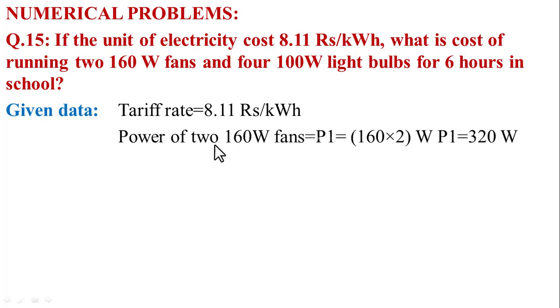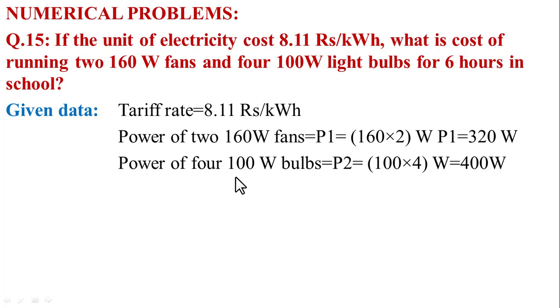Now, power of 2 fans of 160 watt, P1, is equal to 160 multiplied by 2. So P1 is equal to 320 watt. Now we can calculate the power of 4 bulbs of 100 watt.